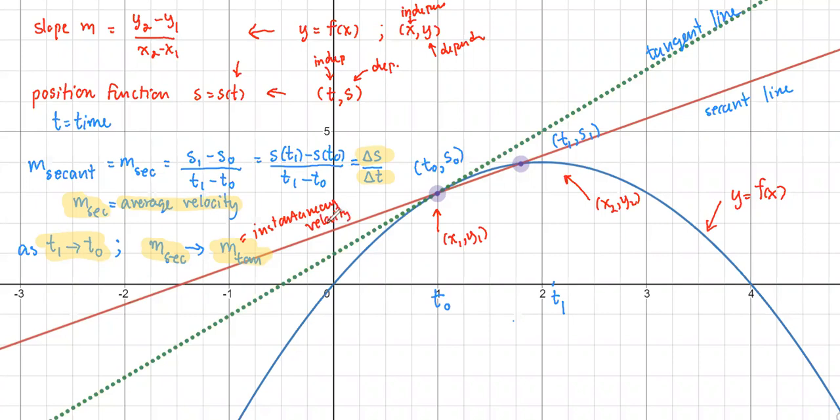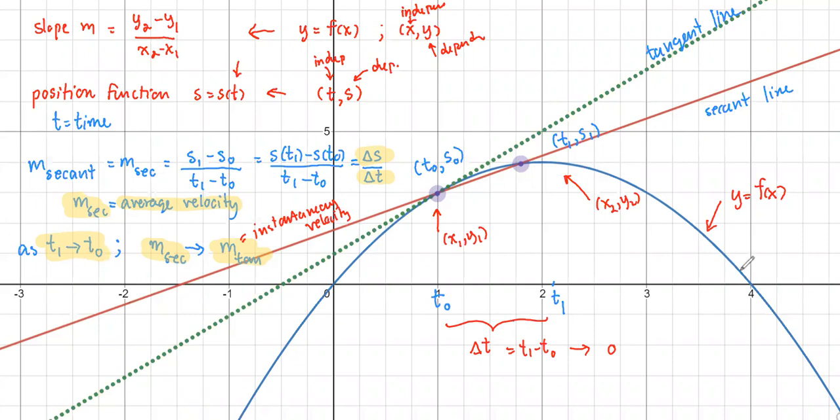Okay, velocity. So that means as t1 approaches t0, or the gap, which is the change in time, t1 minus t0, approaches 0, or the gap is very, very small, the two coordinates are almost the same. They are not the same, but so close.